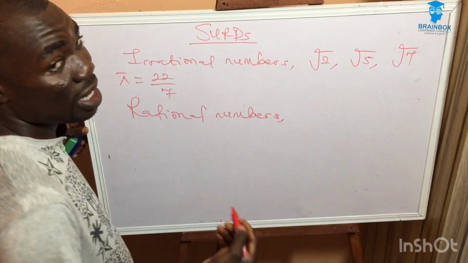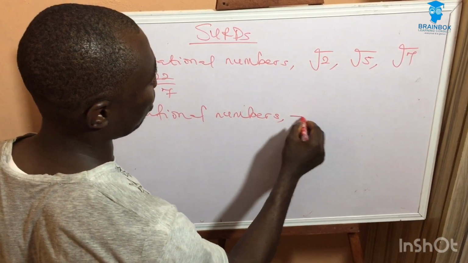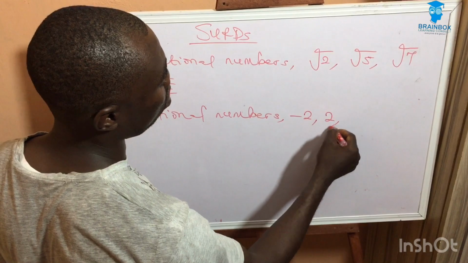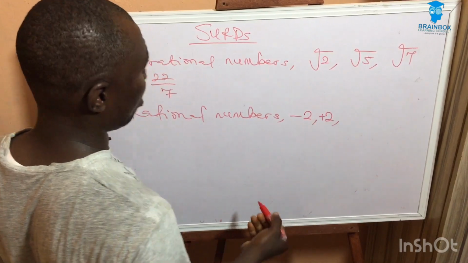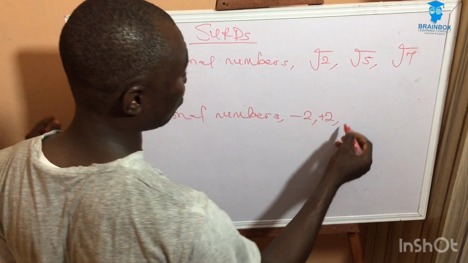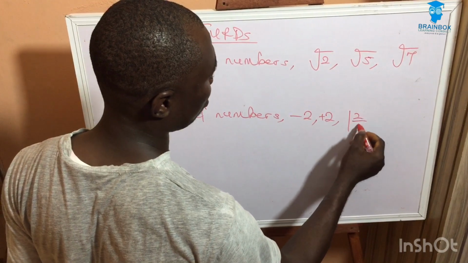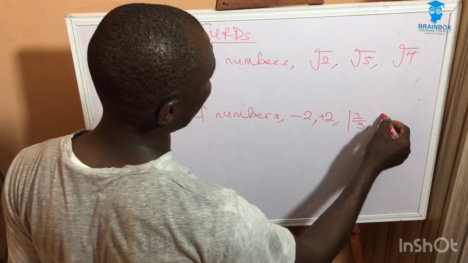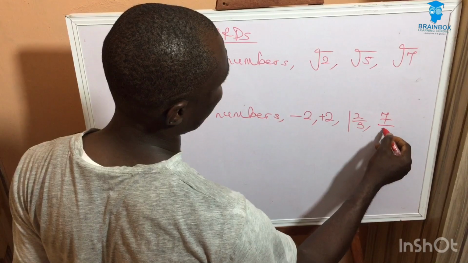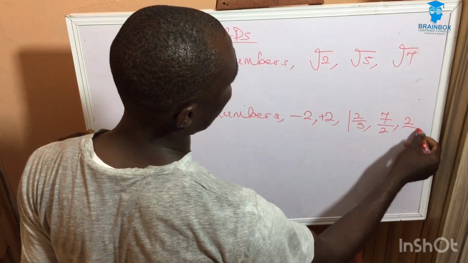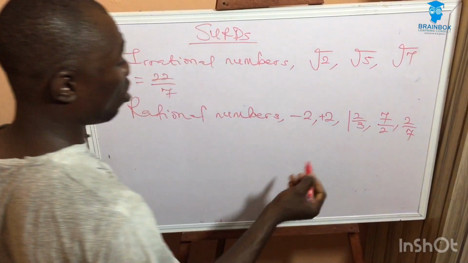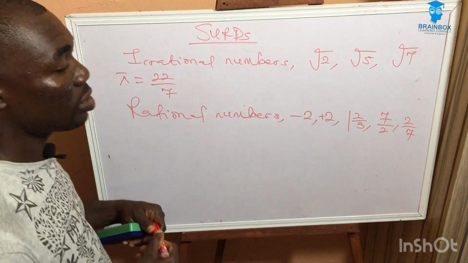For instance, it can be -2, it can be +2. Rational numbers can also be a mixed number, an improper fraction, or a proper fraction. All these are rational numbers.